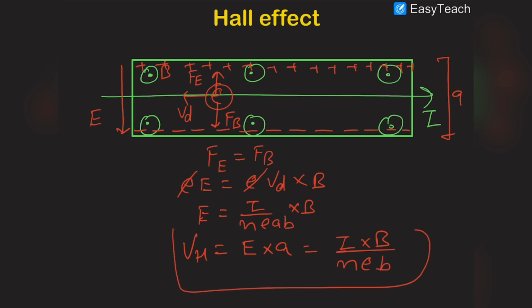So this is the Hall voltage, and this effect of deposition of electrons across the conductor when that conductor is placed in a transverse magnetic field is called the Hall effect, and the voltage developed due to this deposition is called the Hall voltage.